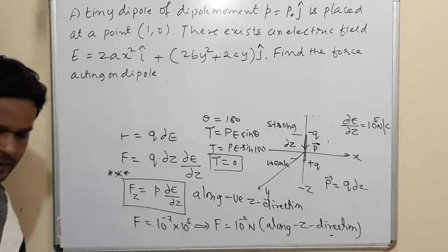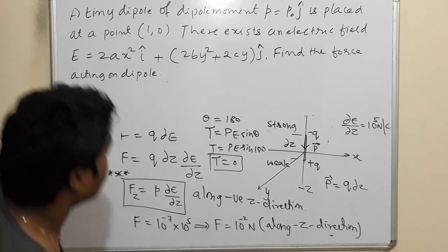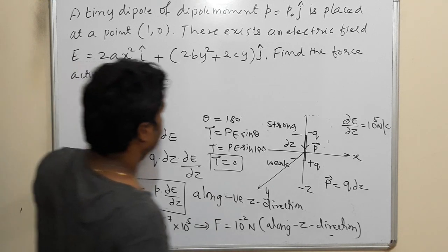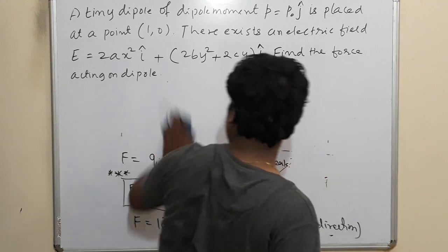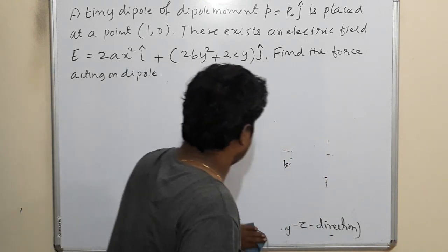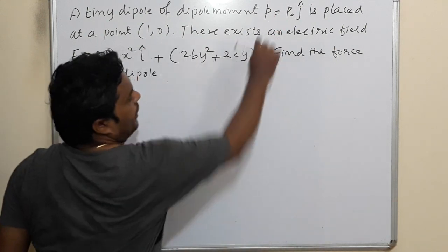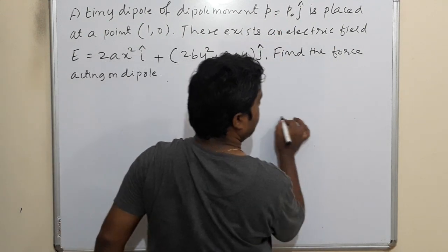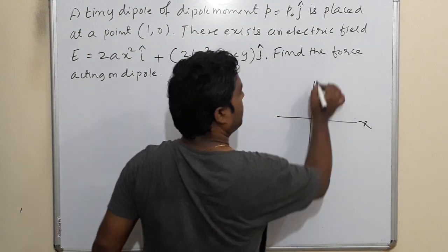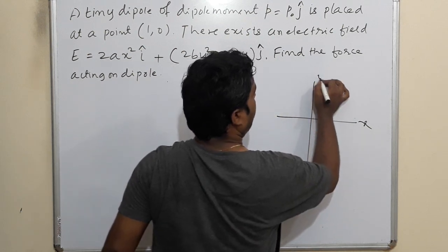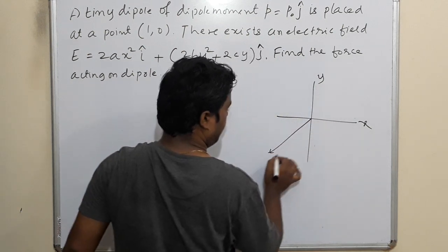Okay, let us try to calculate this. Dipole moment is along which axis? Dipole moment is along the y axis. See, this is x, this is y, and this is z.